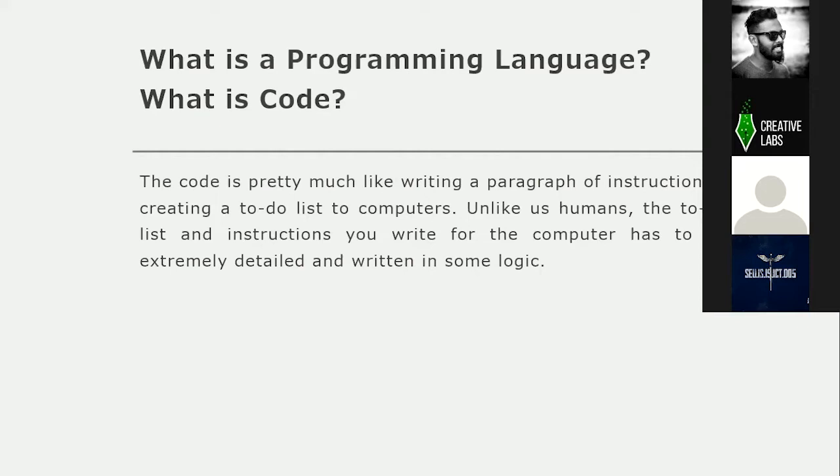In any programming language, like C, C++, Java, C Sharp, we write code, and that code is converted into something the computer can understand. That's how computer programming works, right?